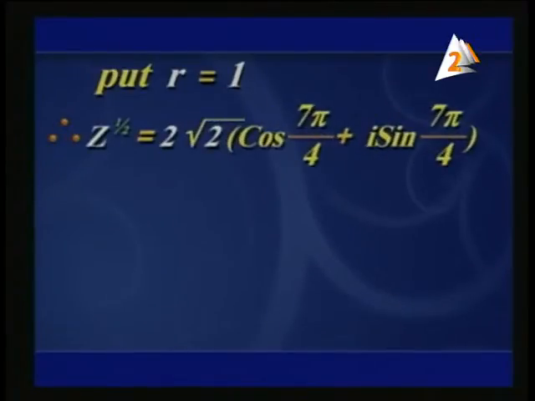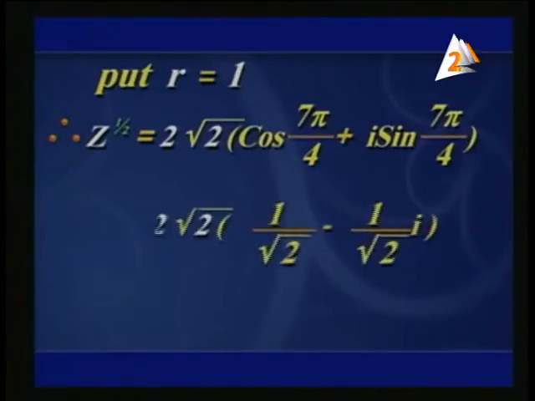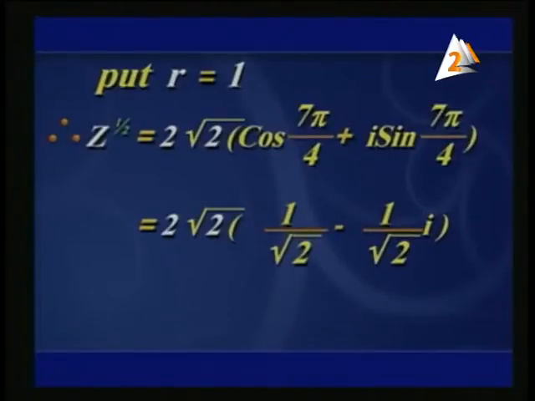Now put r equals 1 by applying the Moivre theorem. Therefore, z to the power half equals 2 root 2 (cosine 7 pi over 4 plus i sine 7 pi over 4) equals 2 root 2 times (1 over root 2 minus 1 over root 2 i) equals 2 minus 2i.